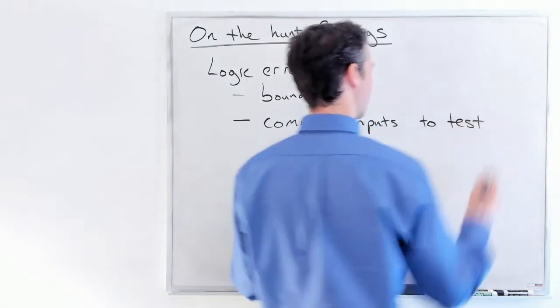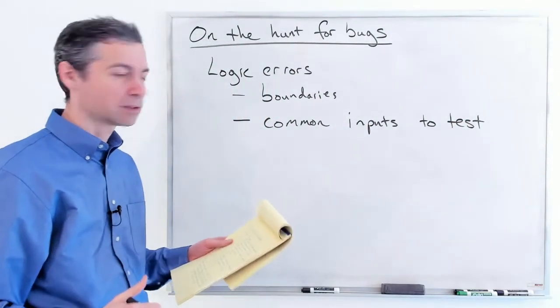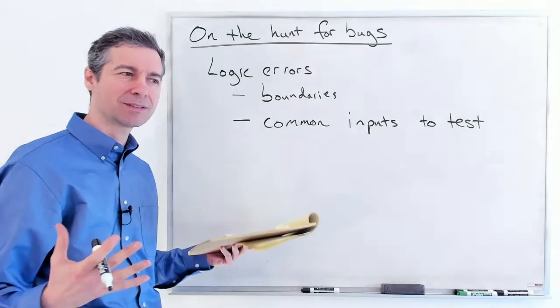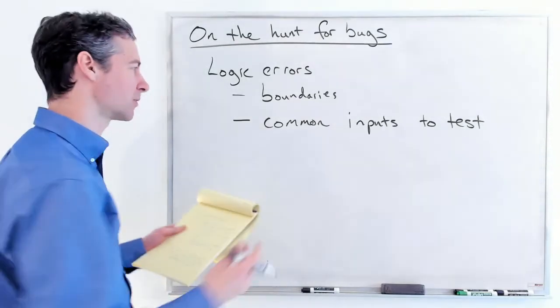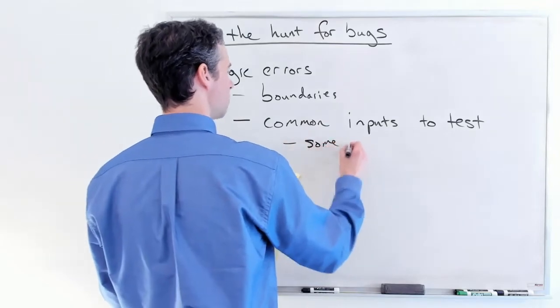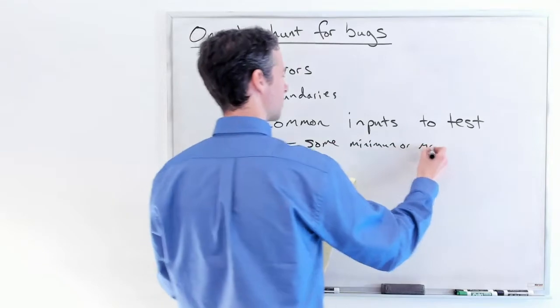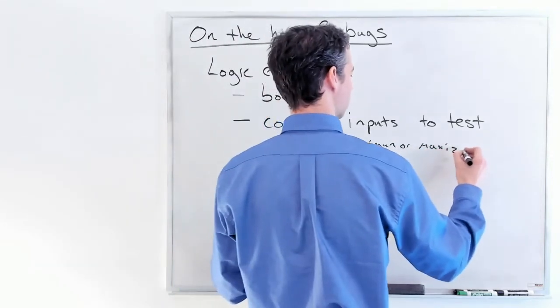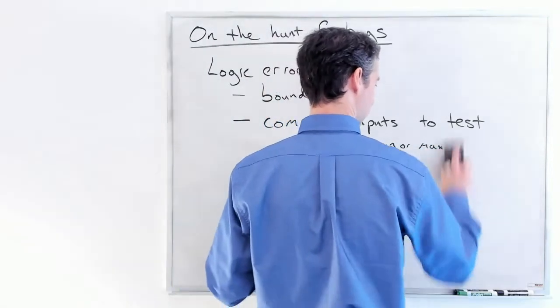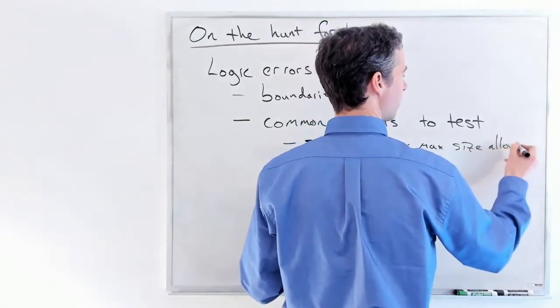But these are things that often show up, and we've got some notion that this is where we often make mistakes as developers. We've got some minimum or maximum size allowed for something or some value.